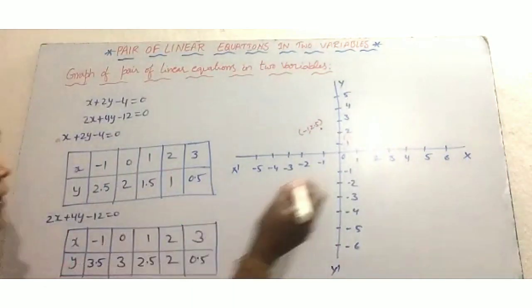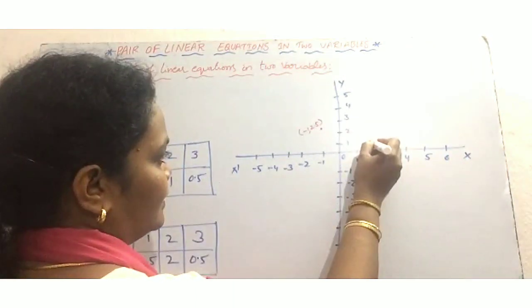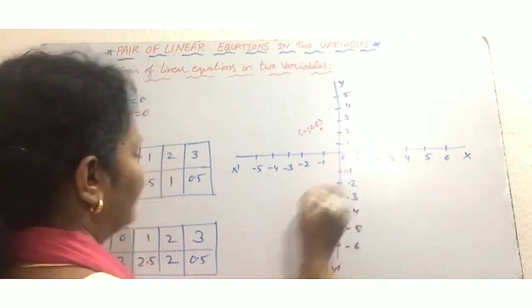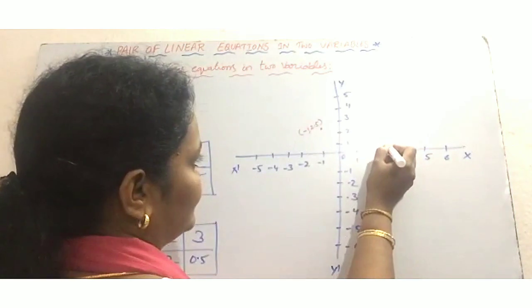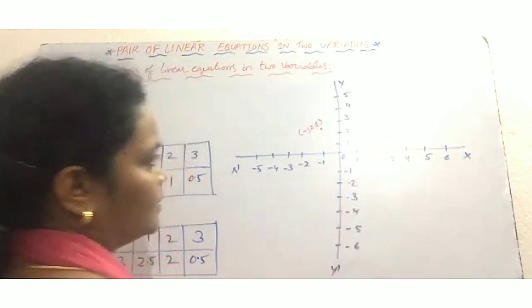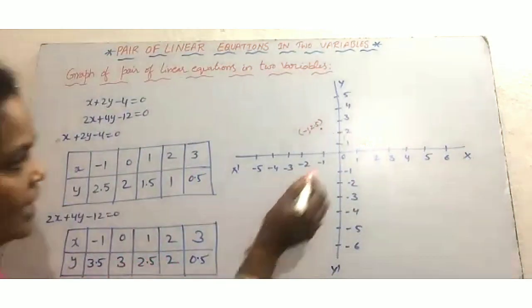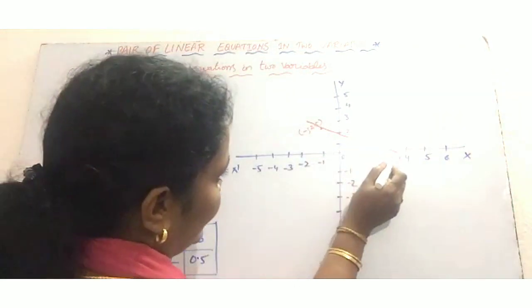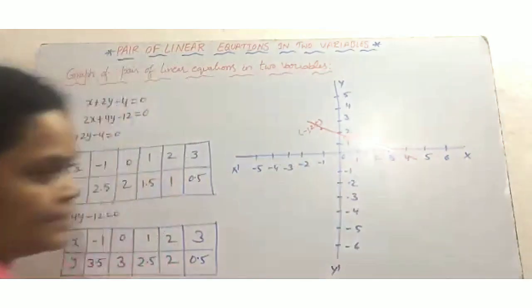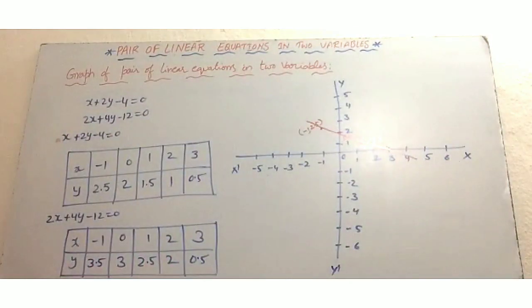And next 2 comma 1. Here 2 comma 1, and next 3 comma 0.5 here. So if we draw, this is the line.